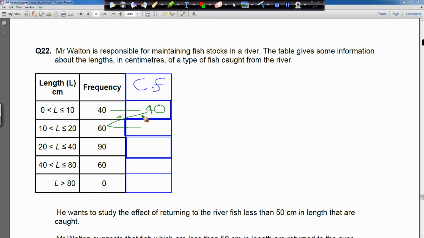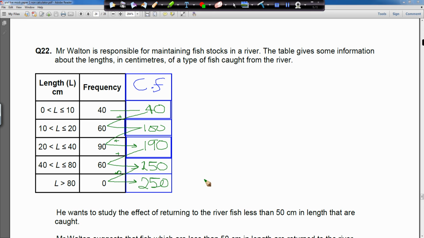So 40 add 60 will give you 100. And then you have to add the next number, put that in here. So 100 add 90 will give you 190. Then we have to do 190 add the 60, that goes over here. So 190 add 60 will give you 250. And for the last total we have to do 250 add the 0. That'll give you 250 still.